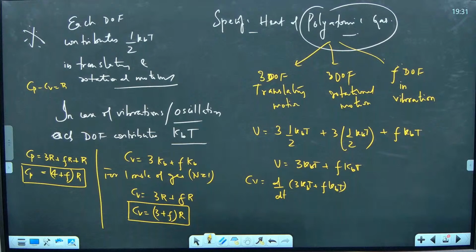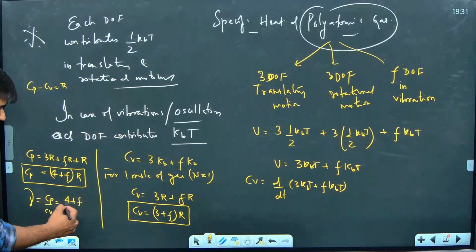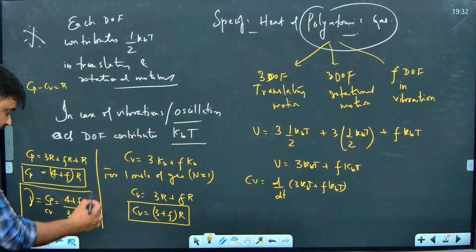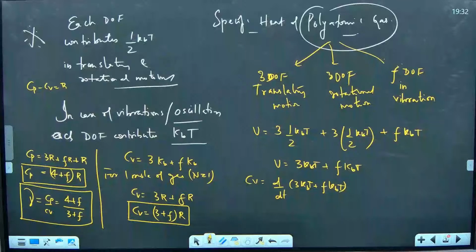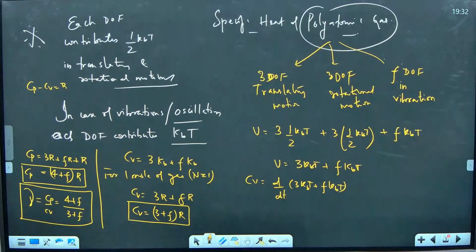We got Cp, we got Cv, what will gamma be then? Gamma will become equal to Cp by Cv, which is (4 plus F) by (3 plus F), as R will get cancelled.